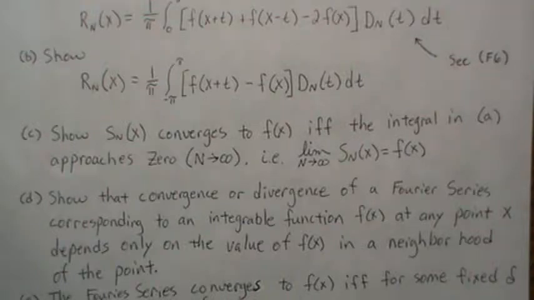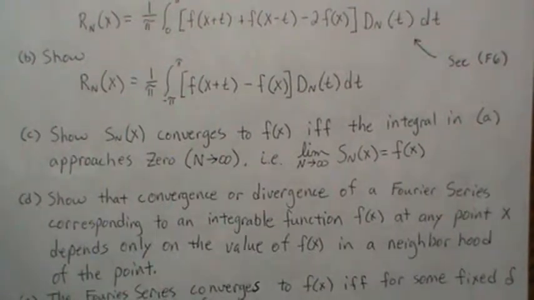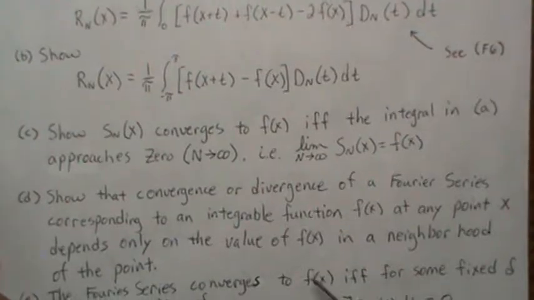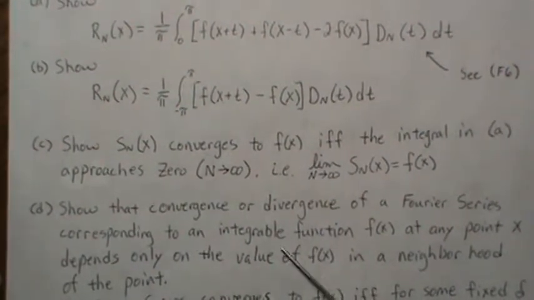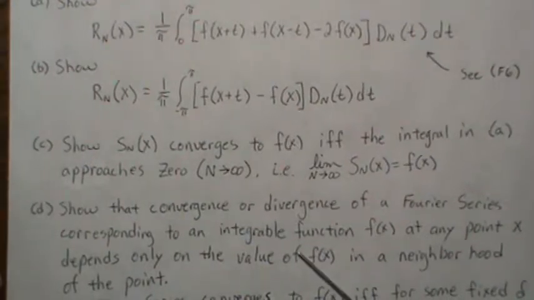Now, a neighborhood means like a small area around that point. And so if we're on the real number line, it means a very small interval around that point.